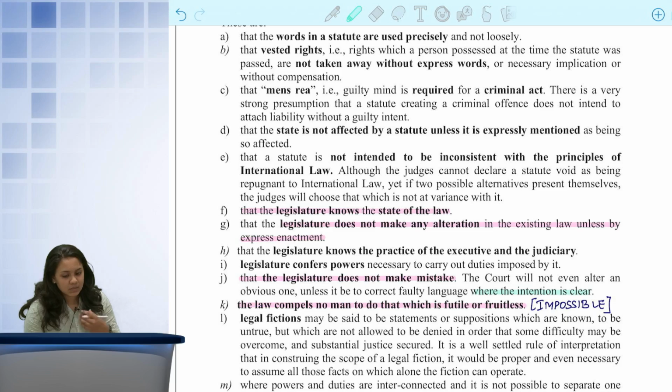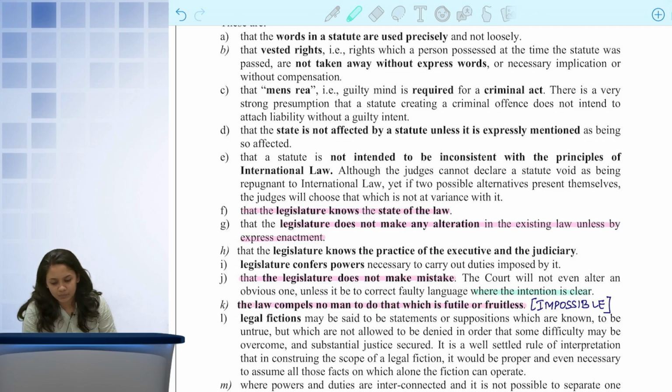So there is a presumption under law that the legislature never makes mistakes and that everything they have put in the law is put in there for a reason. The court will mostly only try to correct faulty language, and if a person comes forth saying that the provisions of this law are violative or unnatural or causing more confusion, then they will have to prove it first before the court takes that interpretation.